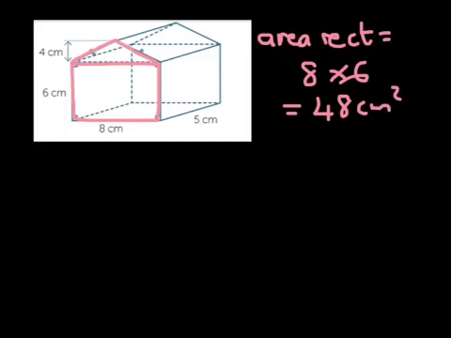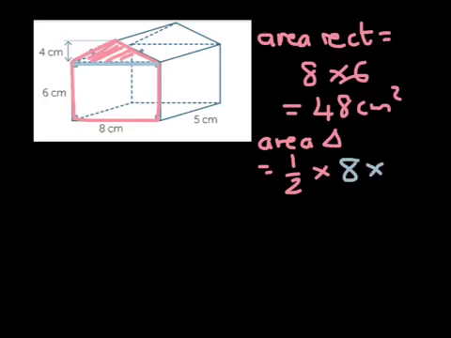We then need the triangle. Now I know you don't like triangles, but remember, the area of a triangle is just half base times height. So my base, okay, here's the base of my triangle. So that is 8 centimeters. The height of my triangle is that measurement there. Now you'll notice they've put it on the side there for you.